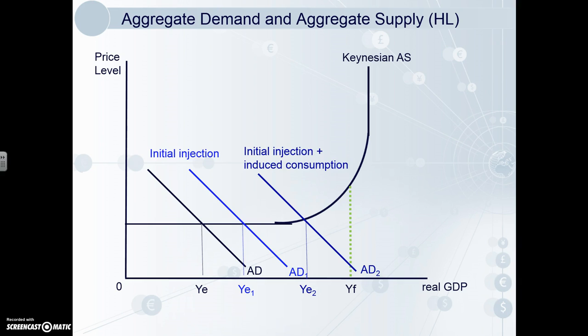So the total change in real GDP will always be a bit bigger than the initial injection. The Keynesian multiplier tells us how much bigger. So this really is the Keynesian multiplier. We'll go through some questions in class, but I think you will find it relatively straightforward.